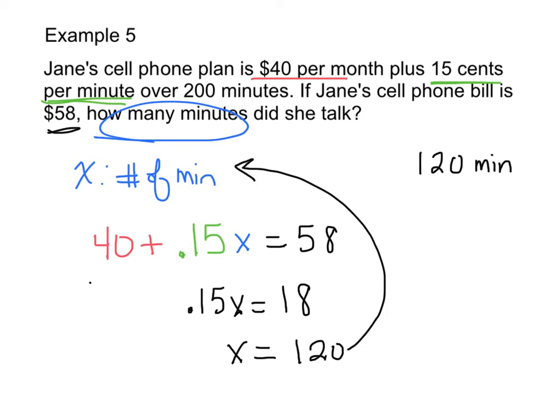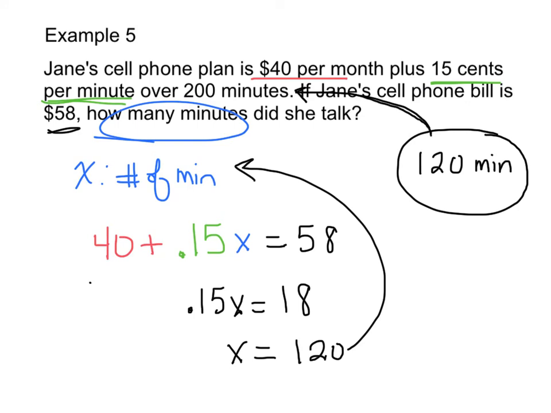I'm going to tell you, though, that that's not the answer. Why? Why is 120 minutes not the answer? You have to read the problem carefully. This is how many minutes she was billed over 200 minutes. So she's actually only been billed 120 minutes.